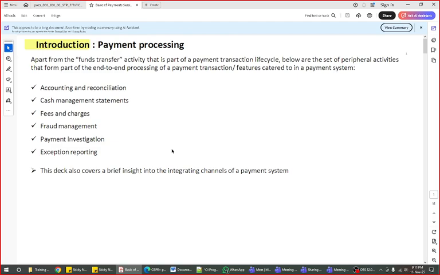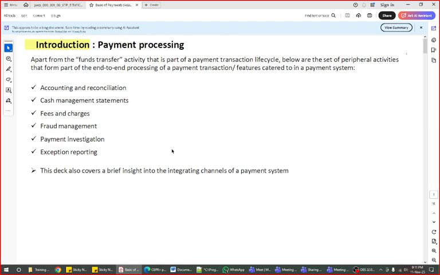Sometimes we only consider a sending party, receiving party, and bank, but apart from this, inside any payment engine like GPP or FlexCube or Finacle, which are products of each company, what mechanism do they have inside? That is the main agenda of today's discussion.